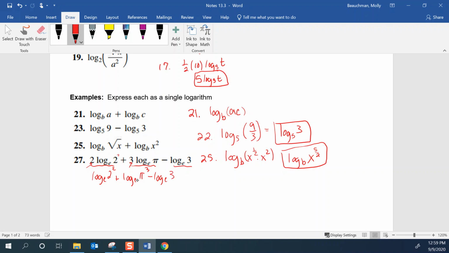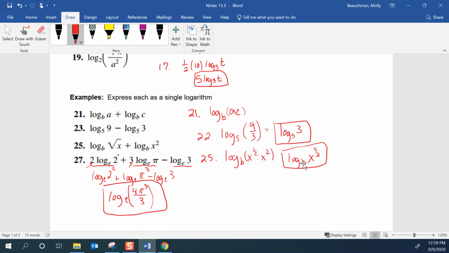Now these are all log base e, so things that we are adding together, we're going to multiply, and subtract is the quotient. So we get log base e of 2 squared, which is 4, times pi to the third, divided by 3. And that's rewriting as a single logarithm.